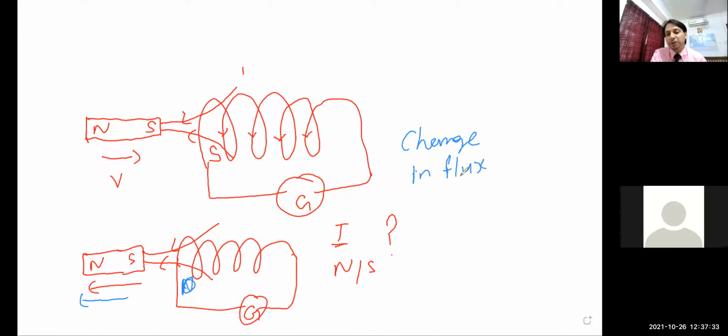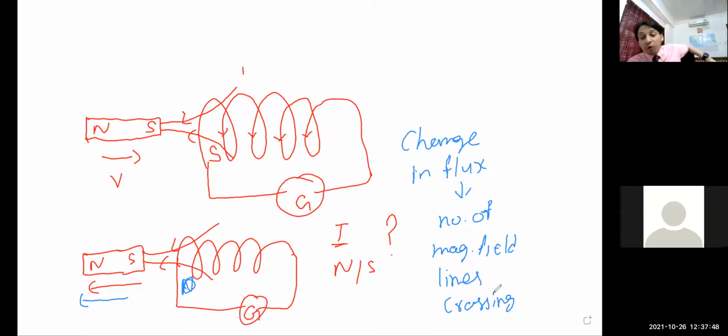What do we mean by flux? Flux means, children, the number of magnetic field lines crossing or passing through a coil. As the magnet is moving away from the coil, the magnetic field lines are varying, and they keep crossing the coil.